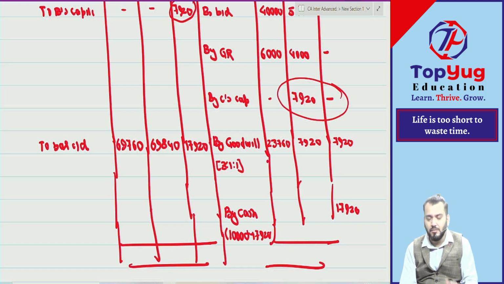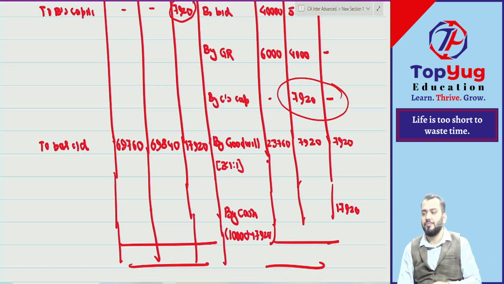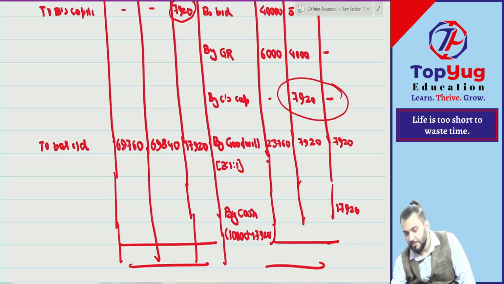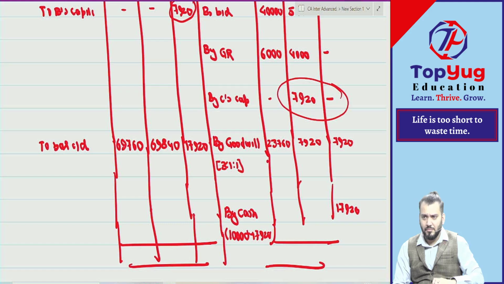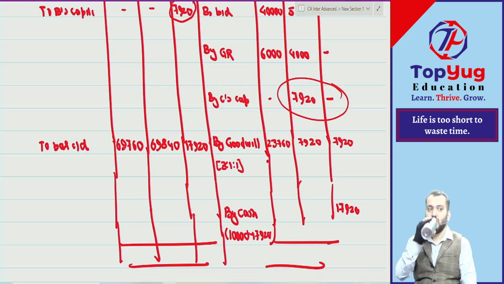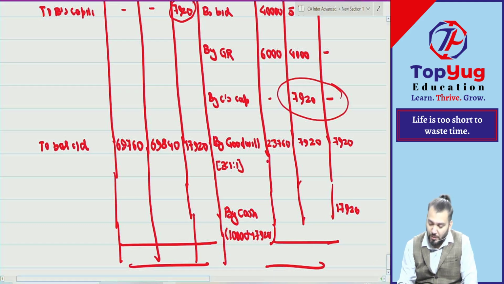Use a calculator. Understood. Up to this, any doubt? Admission done. Admission done or not? Now we'll do updation. Can we start updation? So let us do updation.